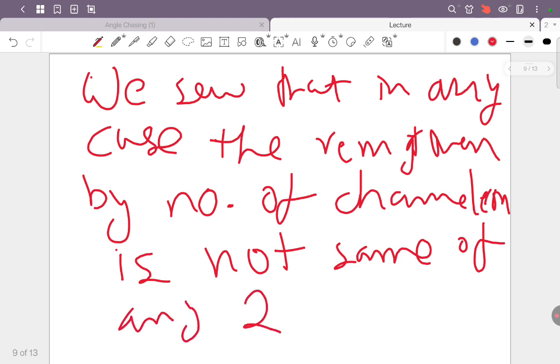That means any two chameleon counts will not give the same remainder after doing any case any number of times.